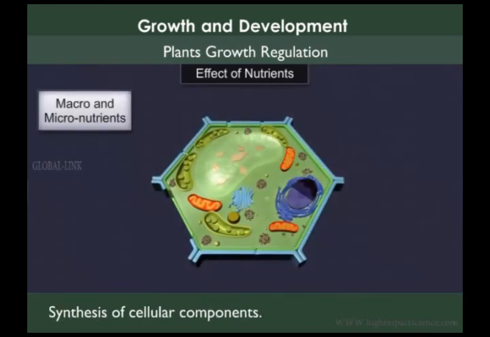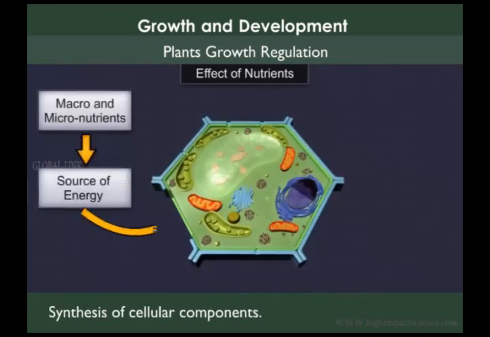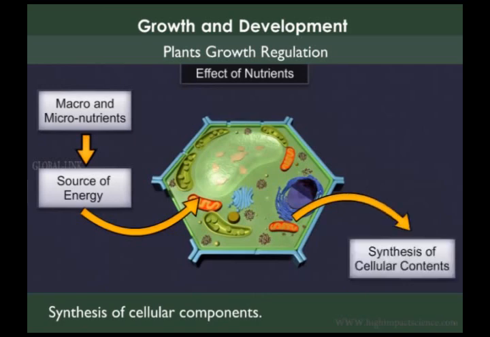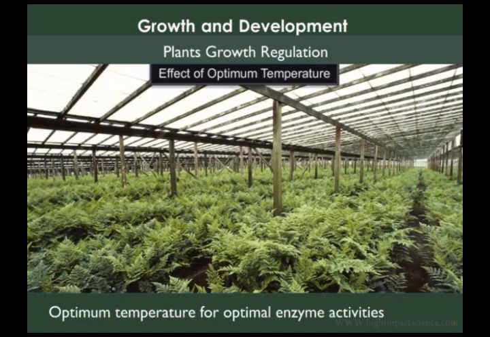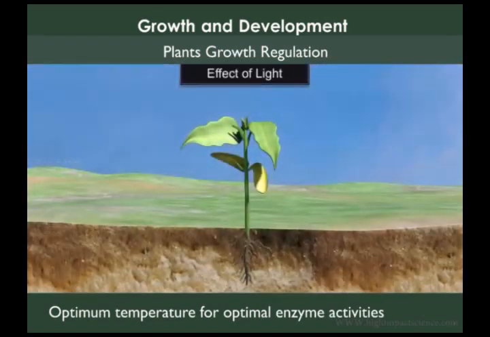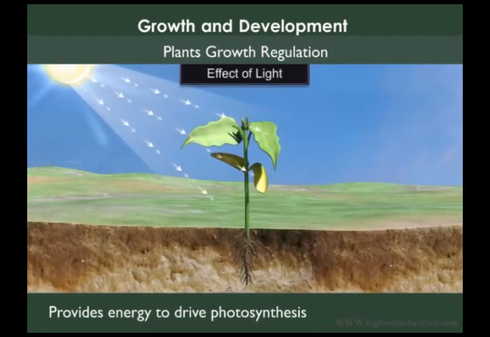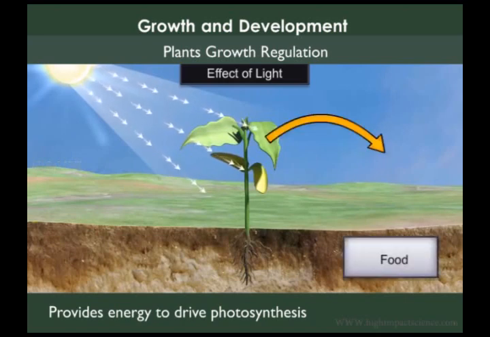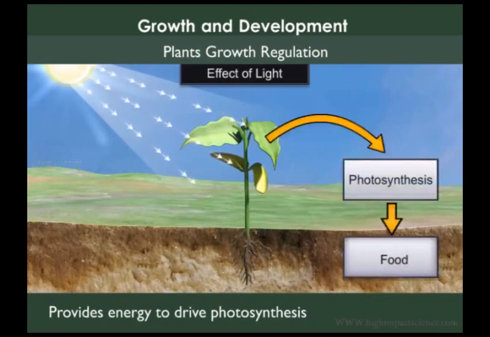Macro and micronutrients are needed as energy sources and synthesis of cellular contents such as protoplasm. In addition, plants need an optimum temperature for enzyme activities. The growth of plants depends on light because they manufacture food by photosynthesis.